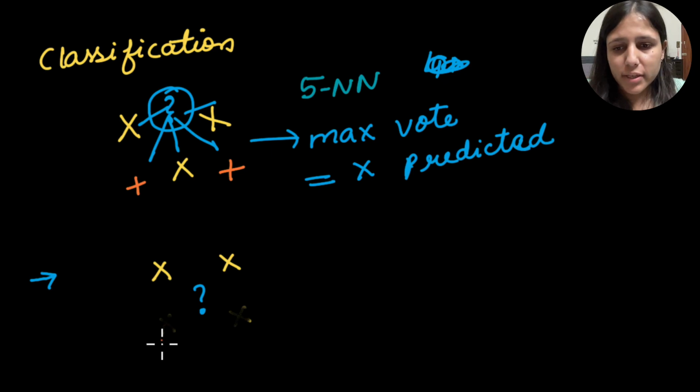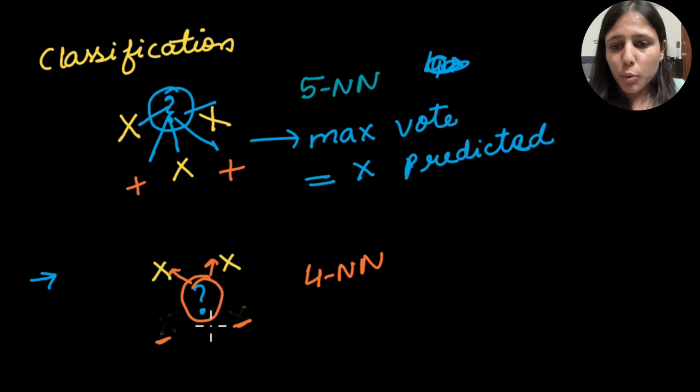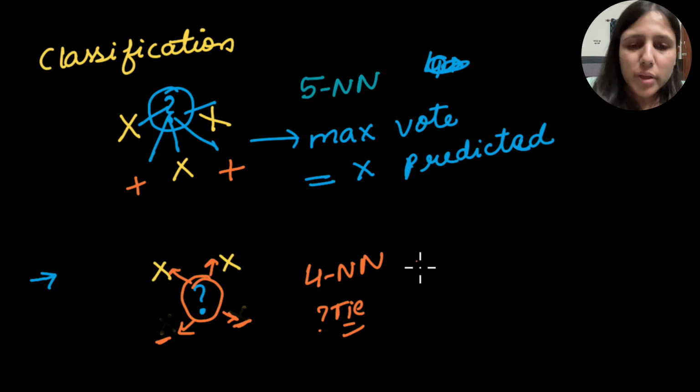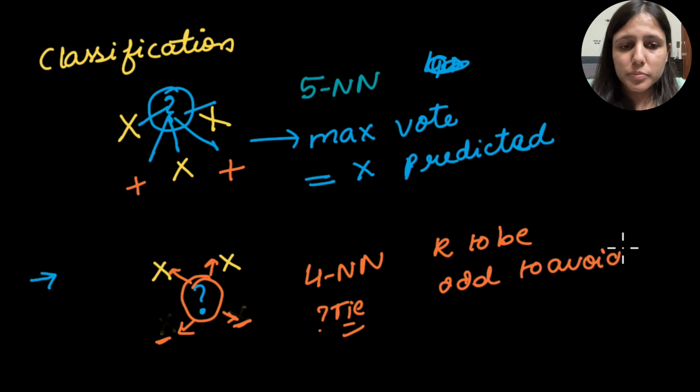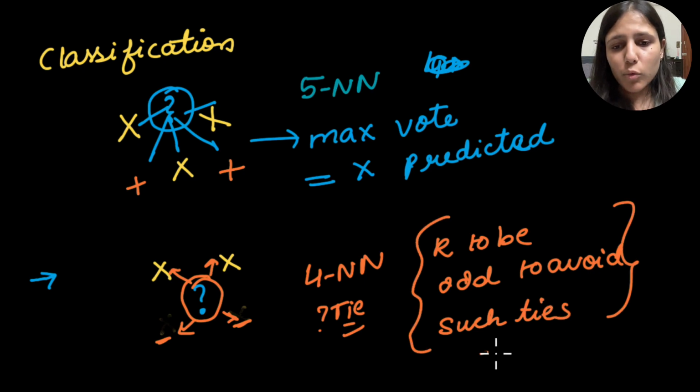Suppose this was your data set and you were doing a 4NN, and your data point is this. So here you have 2 positive labels and 2 negative labels, so you are in a tie, right? Here usually we take the K to be odd to avoid such ties.